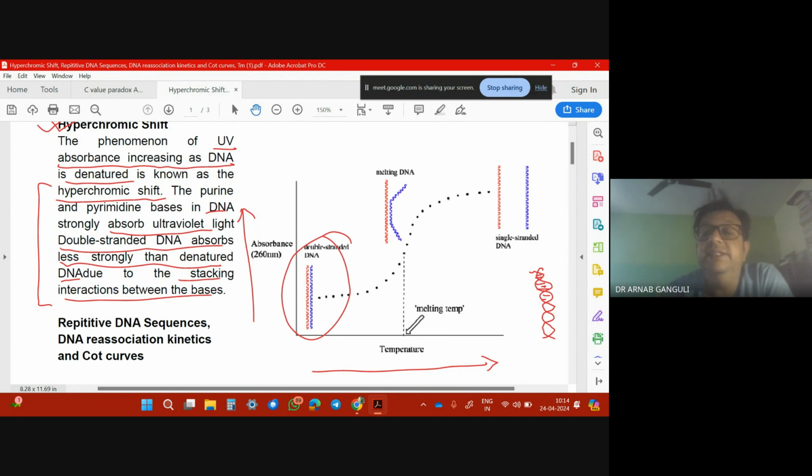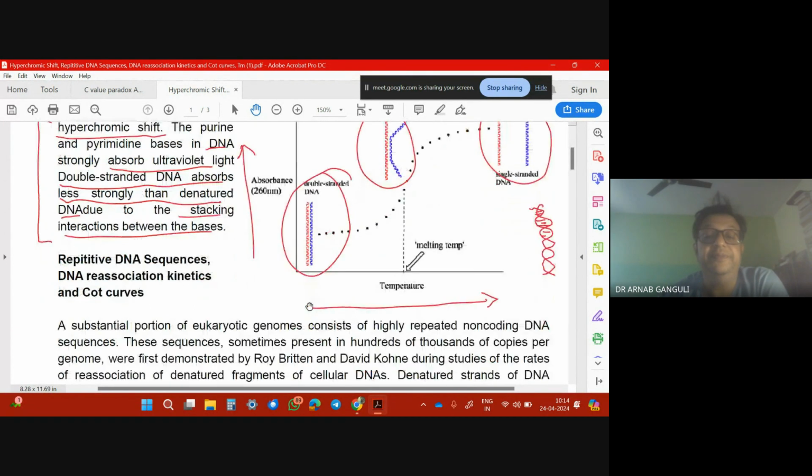The helix is opening, and here the absorbance increases. When both strands have become single-stranded, you have the highest absorbance. This is known as hyperchromic shift.